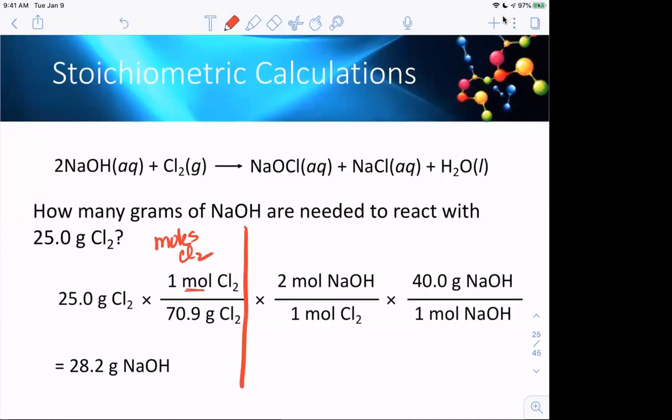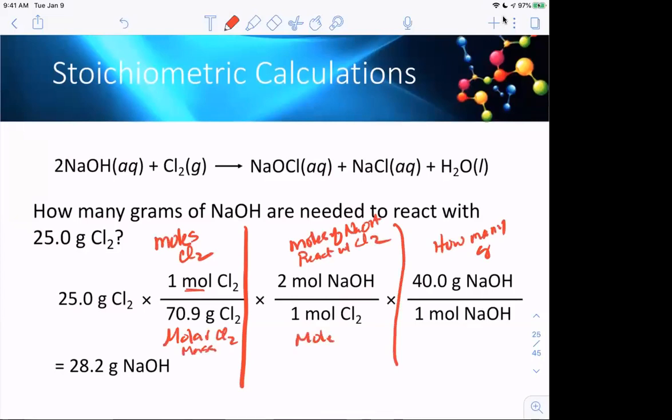I want to figure out how many moles of NaOH will react with the Cl2. And then my final conversion is how many grams are in that molar amount.